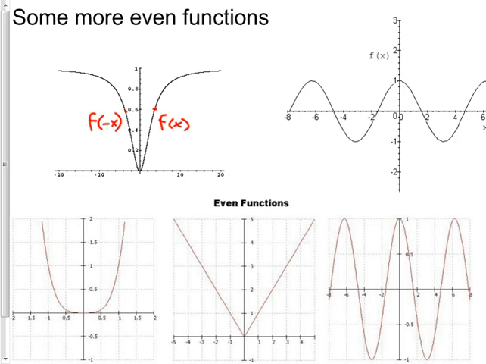Because if this x is like 2, this is like negative 2. You see how that's the even rule at work? This is just the normal function spot, and this is the opposite of the input. Like I stuck in negative 2 instead of 2. See? That's the even rule.